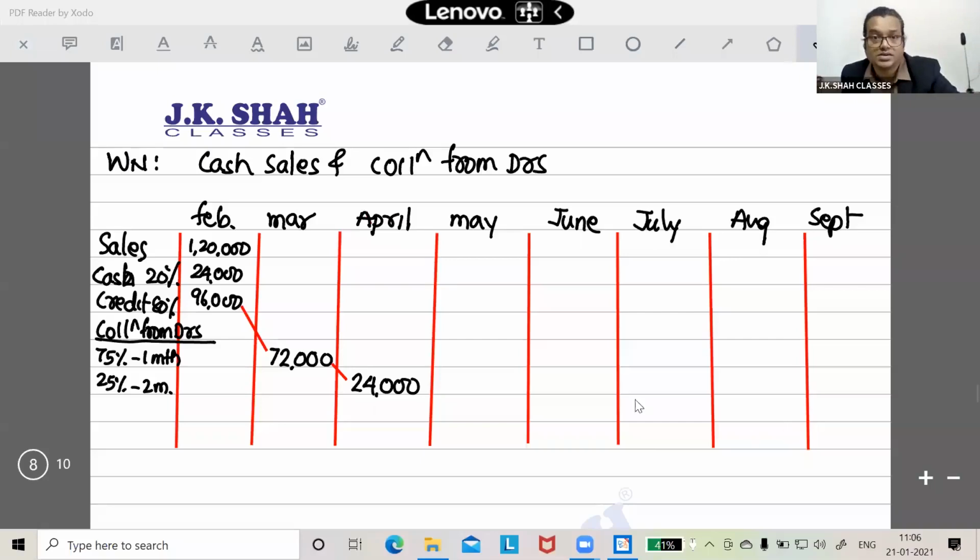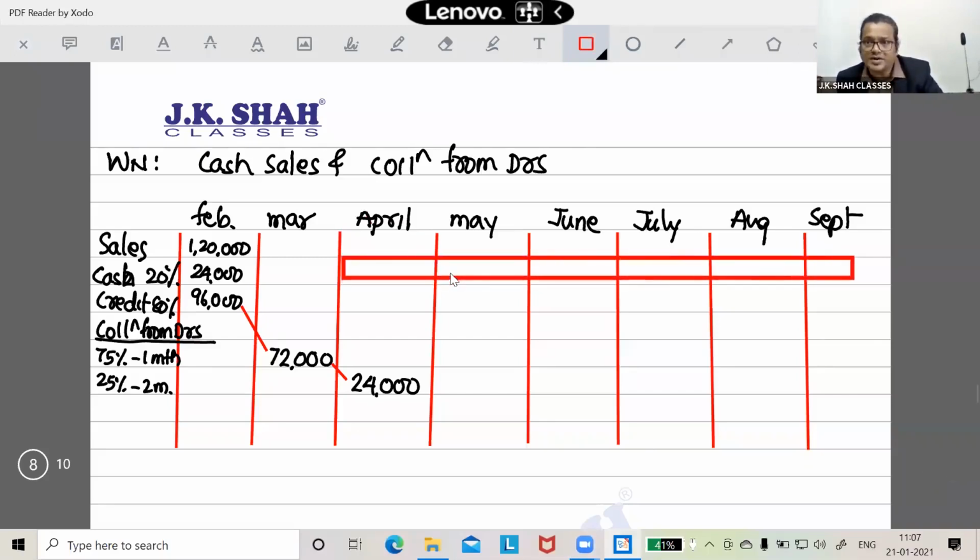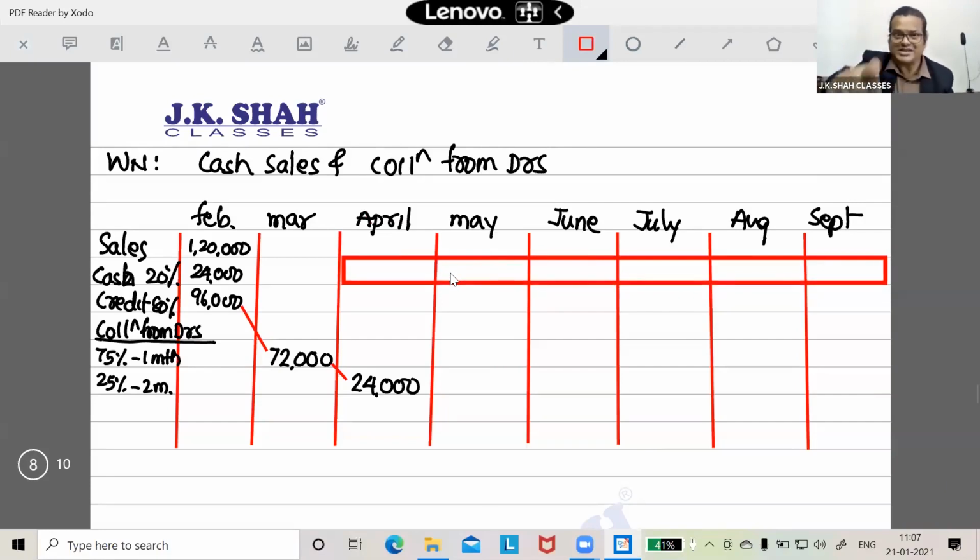See, which amounts would be our concern? Cash sales, whatever comes now from April till September. Getting my point? Whatever is the total sales, of that 20% will write like this. Correct? Collection.